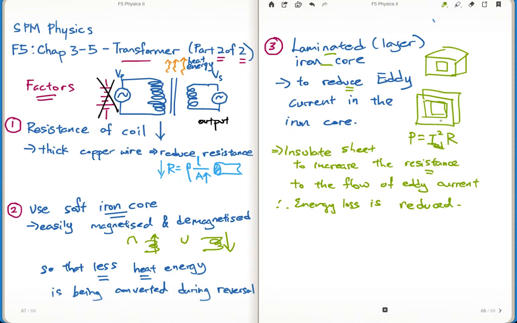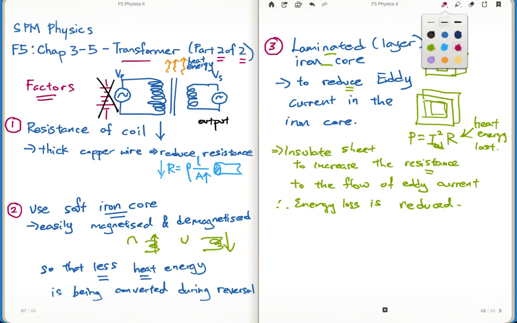And if very little eddy current flows around here, what happens? Energy loss is reduced. This is the heat energy loss. That's the third factor.